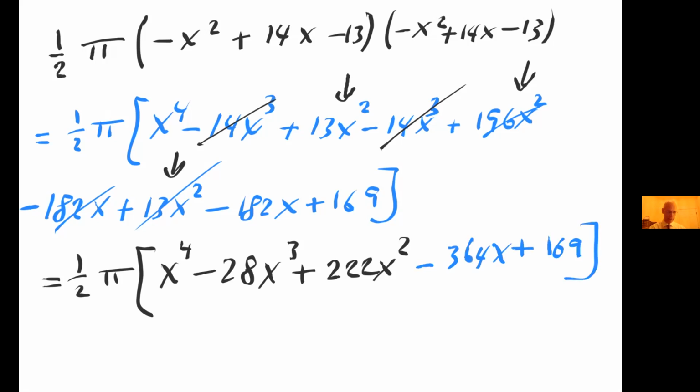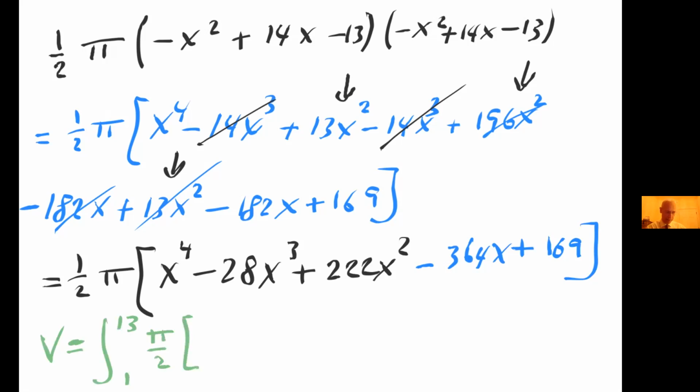Now, what is the volume? V equals. So V equals, I'm going to take the integral from 1 to 13. Those are the points of intersection. So 1/2 pi or pi over 2.